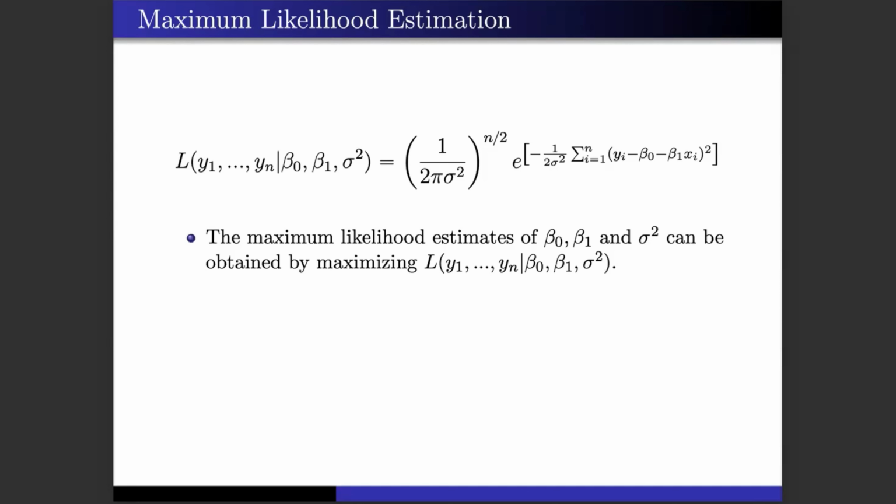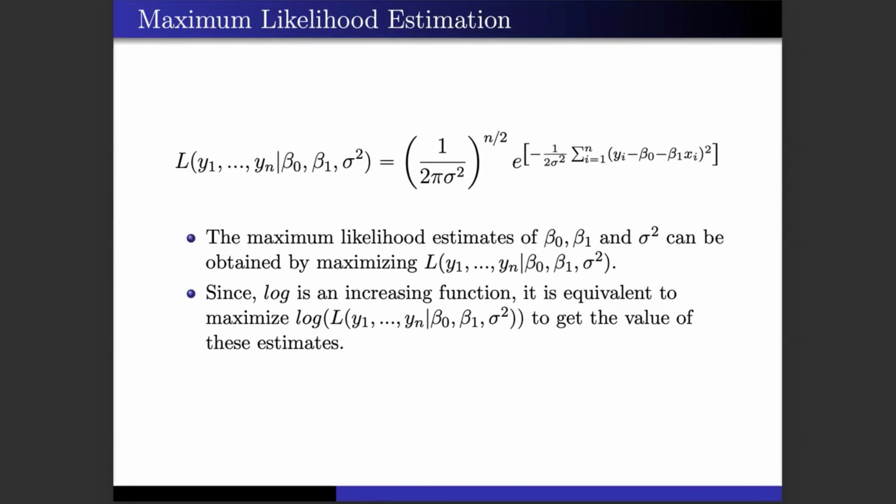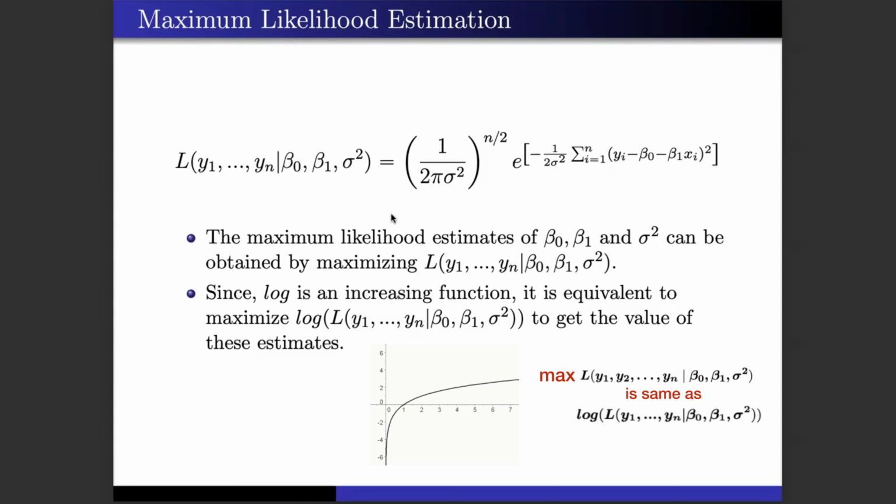So one of the ways to find the maximum of this function is we can just directly take the derivative of this function. An easier way to approach this would be taking log both sides. Log is an increasing function, and maximizing this likelihood function would be equivalent to maximizing the log of this likelihood function to get the value of the estimates.